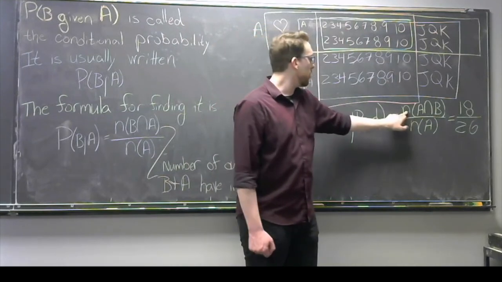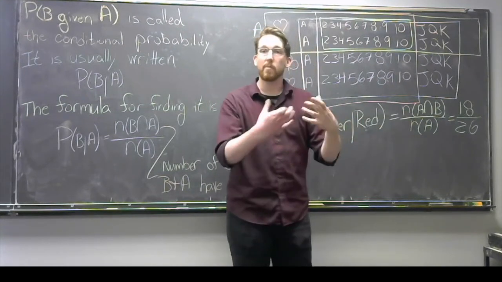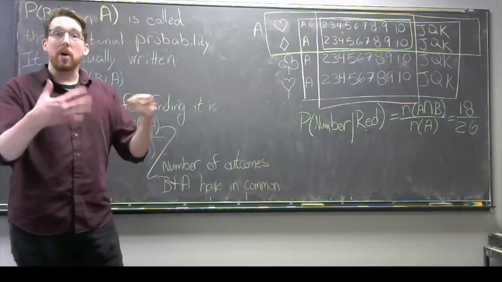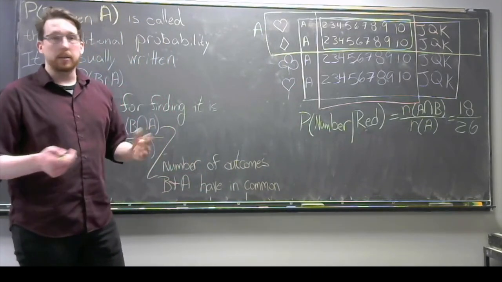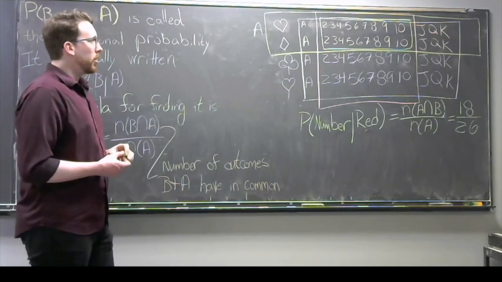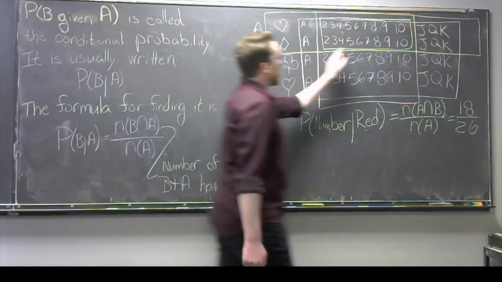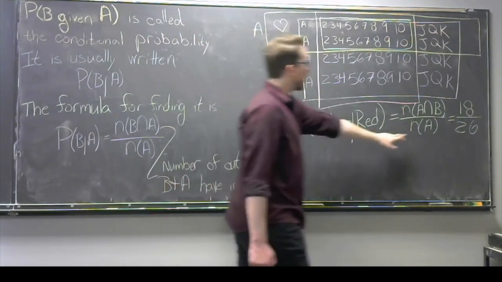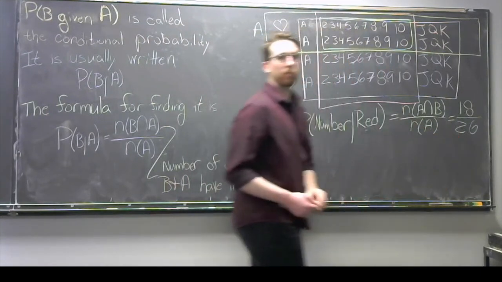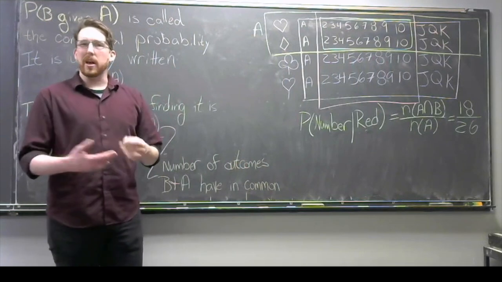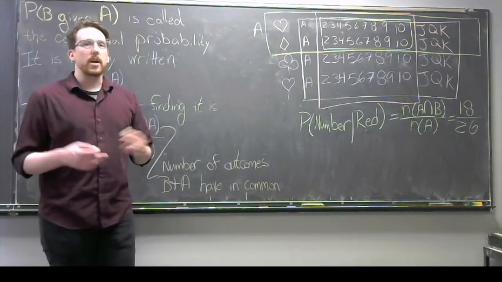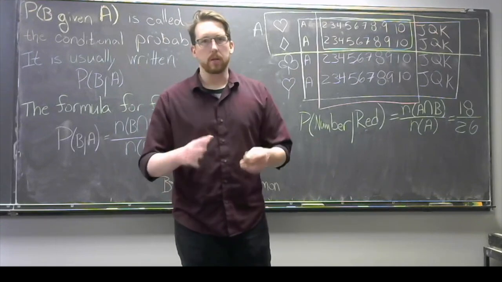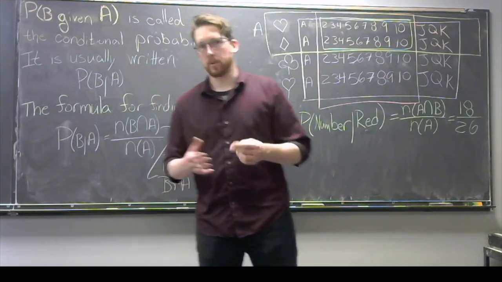So the number of elements in that intersection, the number of possible outcomes, must be 18. And because the red cards were our set A, the number of outcomes for it must be 26. And this is generally the idea of calculating probabilities for A given B, or B given A, however it's presented to you.